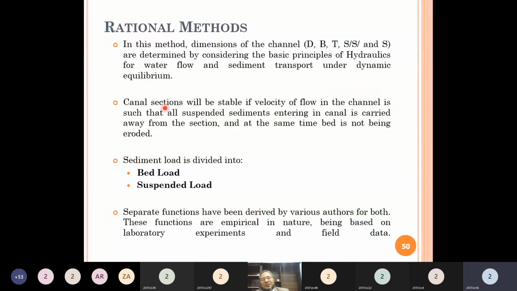So for a sediment particle, critical velocity क्या होगी? वो वेलोसिटी जिस पे जो सेडिमेंट पार्टिकल पे जो अपोजिंग फोर्सेस हैं और रेजिस्टिंग फोर्सेस हैं वो बराबर हों. ठीक है, so that is called critical velocity for sediment particle.